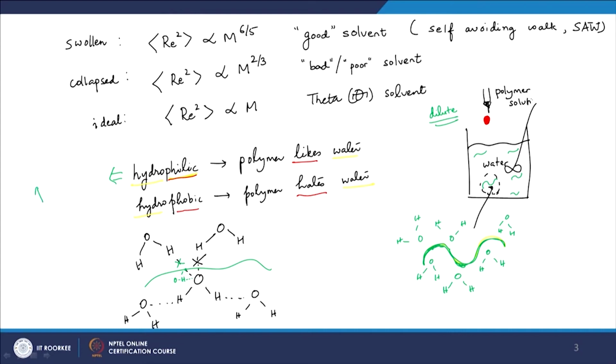Okay. So, if the polymer is hydrophilic, in that sense we will have more polymer-water contact, and if it is hydrophobic, then we will have lesser polymer-water contact, because as I just explained, in the first case every time the polymer forms a contact with the water molecules, the contact can be, let us say, a hydrogen bond.